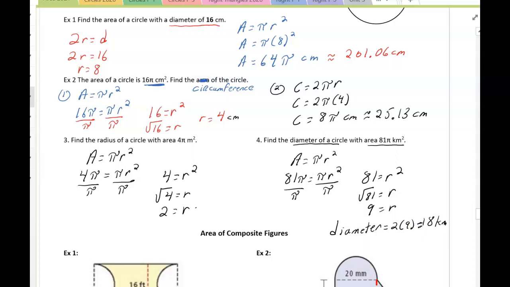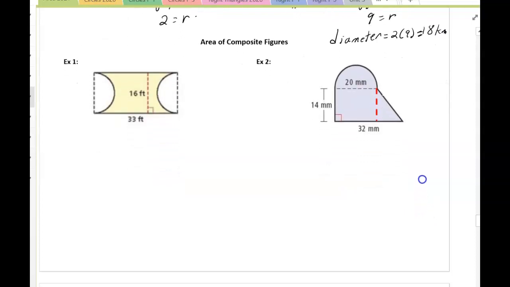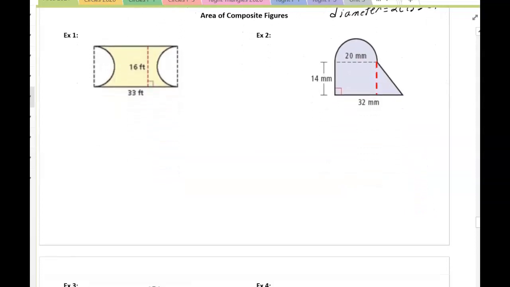The next couple of problems, we're going to be looking at composite figures. So we look at example number 1. Sort of looks like a portion of a basketball court. So we want to find the area of the shaded region.